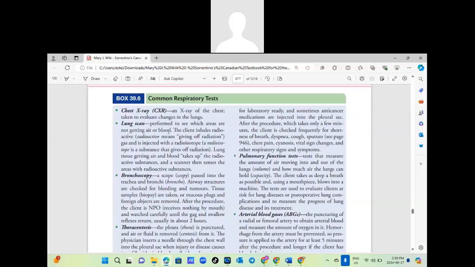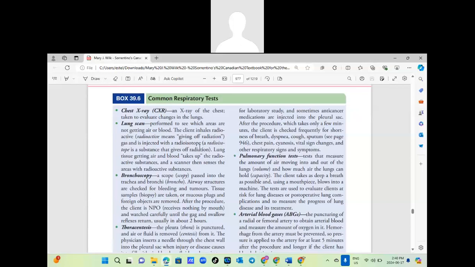Okay, so if this is, for example, the lungs, right, this lung scan is performed to see which areas are not getting air or blood, because the lungs should be filled with blood and air into each alveoli, right? And that's where the gas exchange happens. So for some reason, there's a part of the lung that is not getting enough air or blood. So no blood, no air.